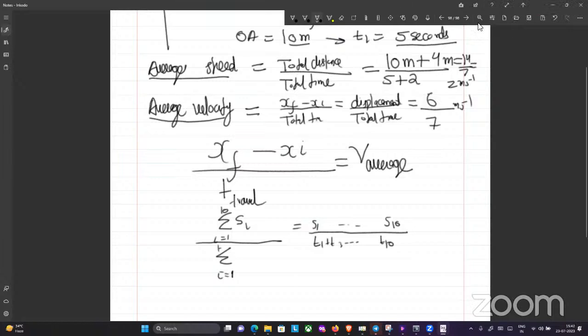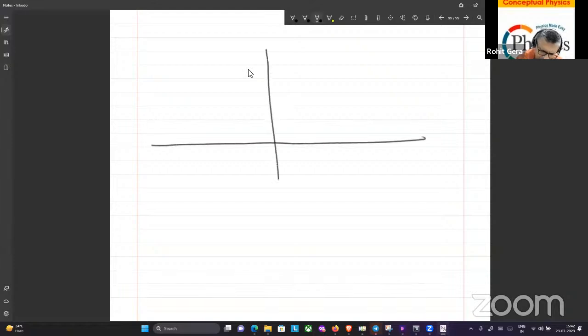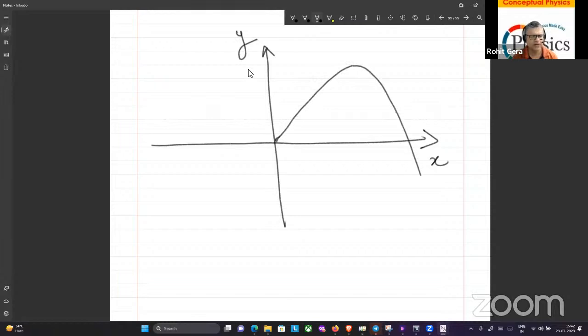Exactly. And now let me graphically tell you what happens. This is your XY coordinate. What you do is you move around like this. First you go like this, then like this, then like this, and you end here.